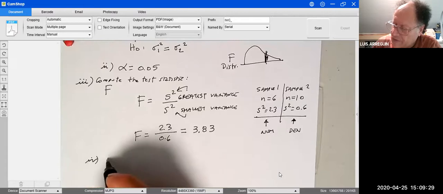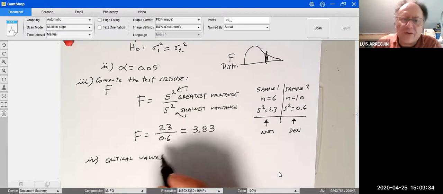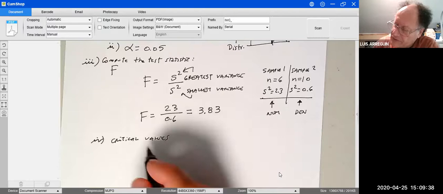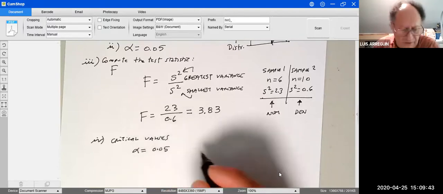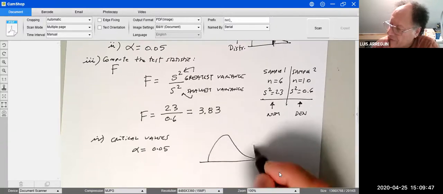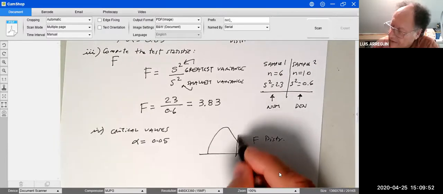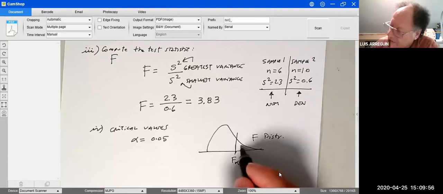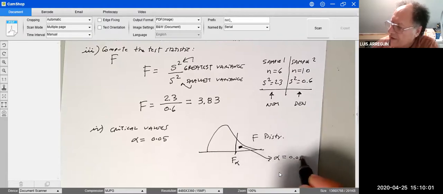So now we have two courses of action as usual. You either compute critical values or p-values. Let's say that we're going to use critical values. So alpha equals 0.05. I have my F distribution, and I'm going to find this value of F corresponding to alpha. This region here is alpha equals 0.05.